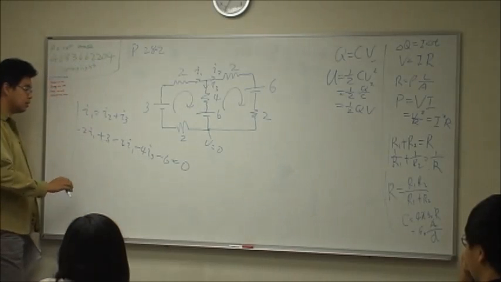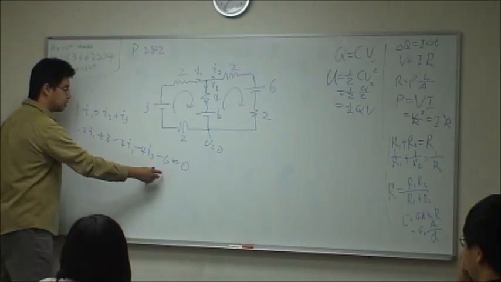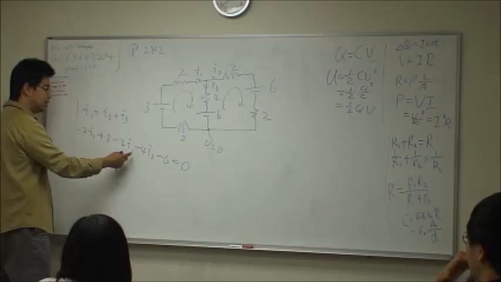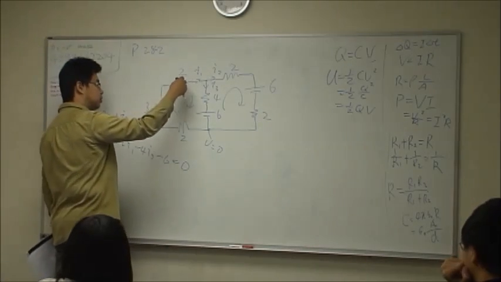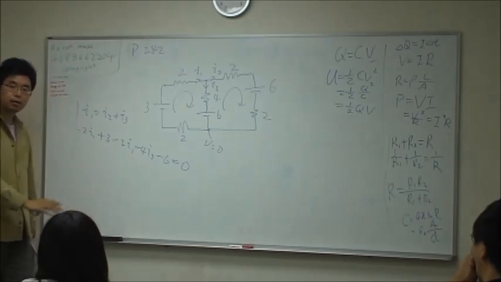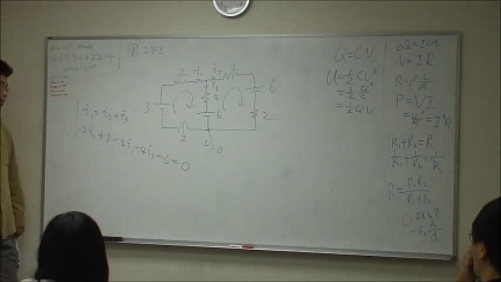Positive 3 and negative 6 means that either I1 or I3 will be negative, meaning the current goes the other way. I don't care, I just solve it and it will tell me whether it's positive or negative.